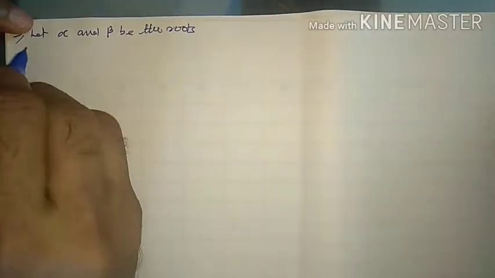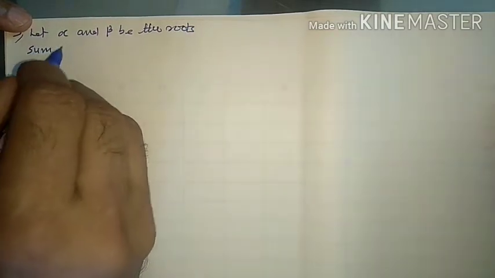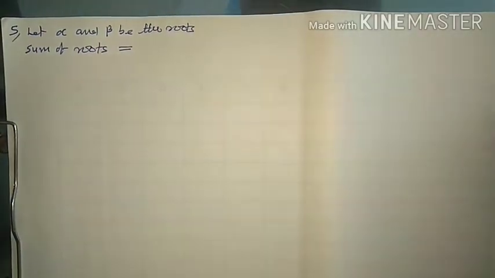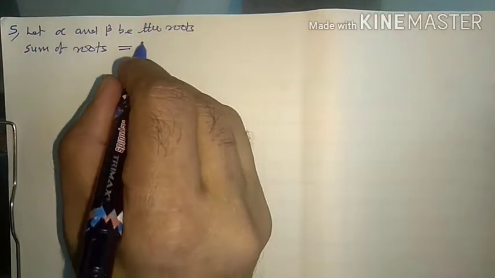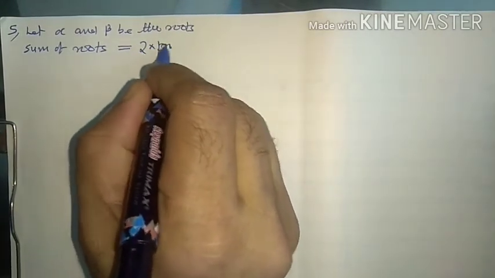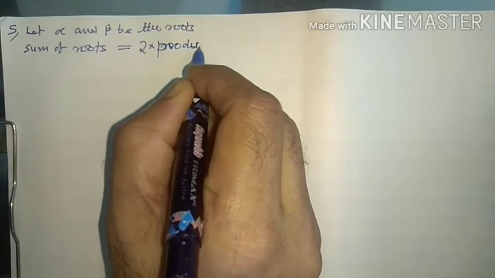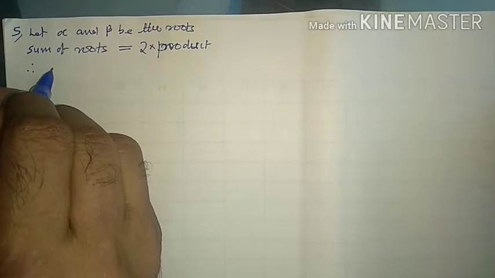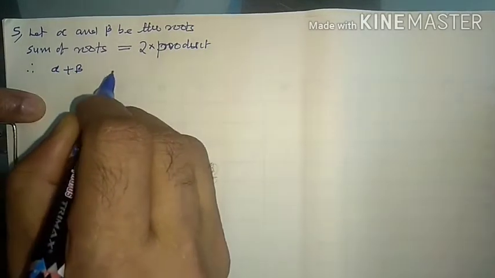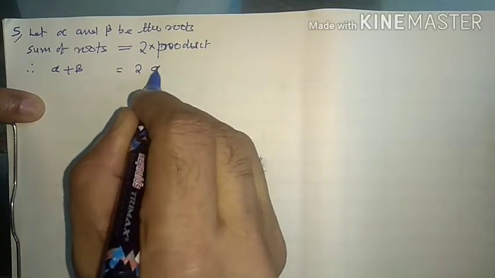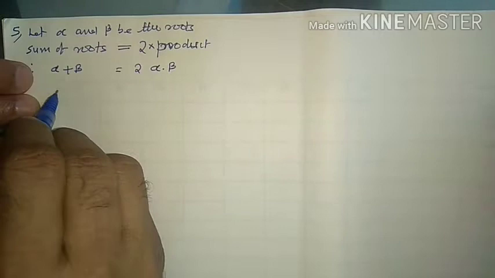Therefore, the sum of roots is double the product of roots. Alpha plus beta equal to 2 into alpha into beta.